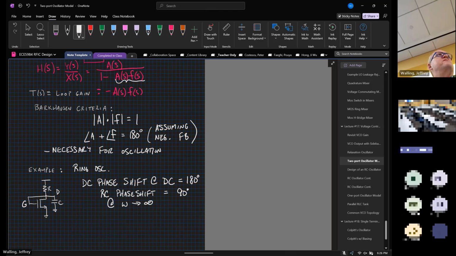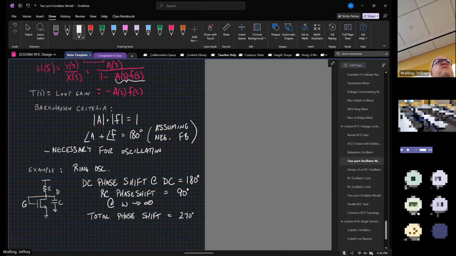Of course, that happens at nearly infinite frequency, that we actually get to 90 degrees. So what's the total phase shift we have possible around this loop? As I go to higher and higher frequencies, the maximum phase shift I can get is 270 degrees, right?